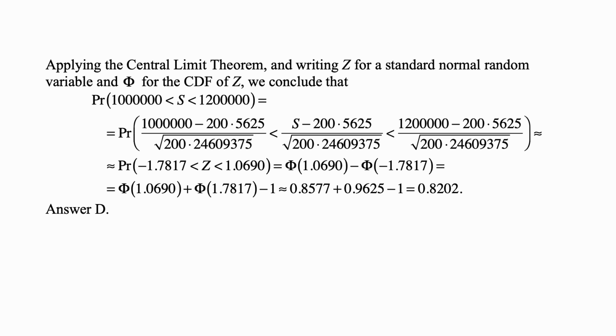We look up these values in the table. That's 0.8577 plus 0.9625 minus 1, and the result is 0.8202, which is answer D.